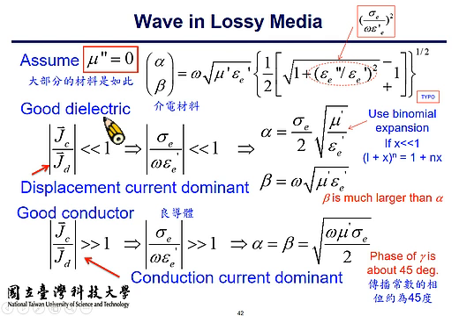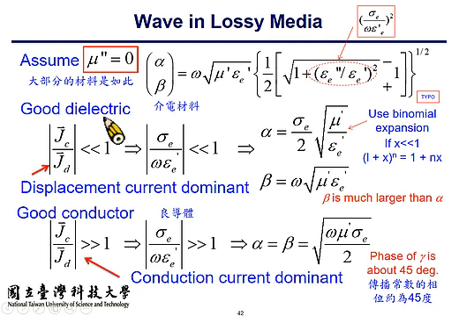The second situation is here. If you have good conductors, JC is much greater than JD. You have this term greater than 1, as you can imagine. You end up with alpha equal to beta like this.